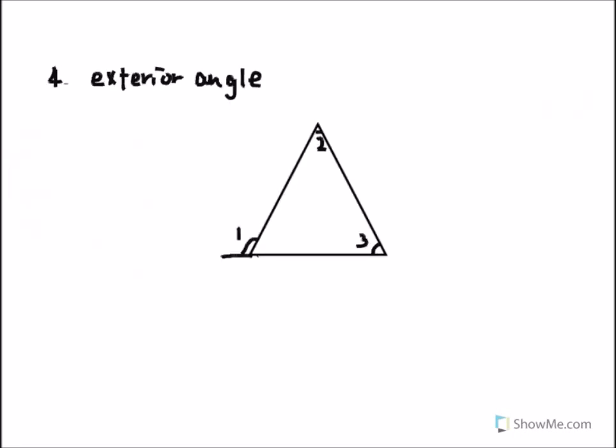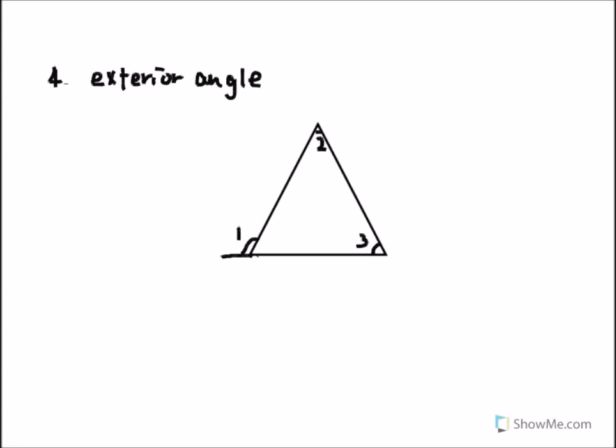And you don't need to know it, but I find that this formula has made things a lot easier. So this is a formula for the exterior angle in a triangle. What do I mean? For example, in this case, I've got an exterior angle 1 and I've got 2 interior angles, 2 and 3.